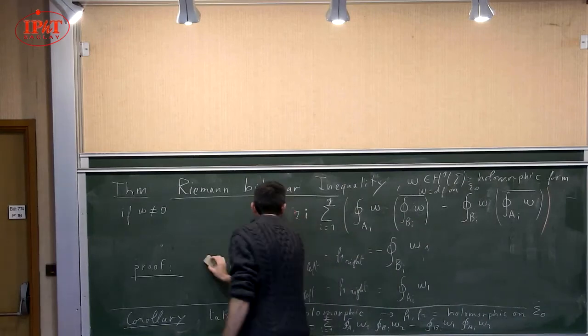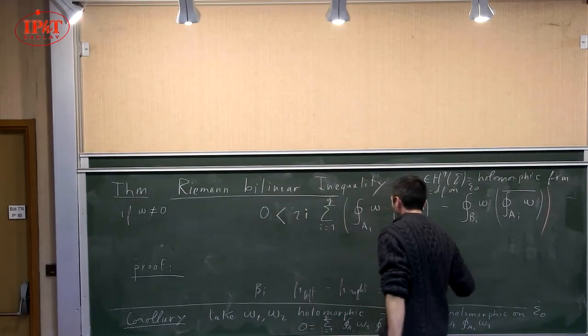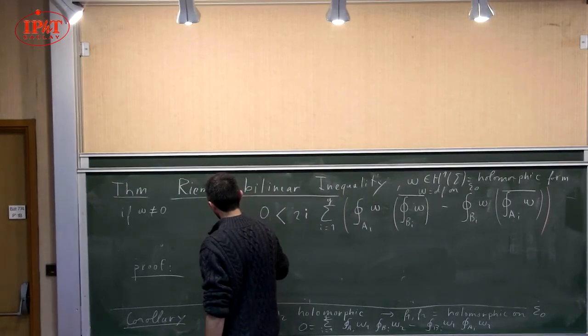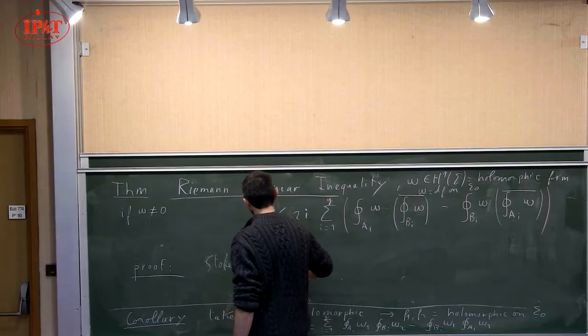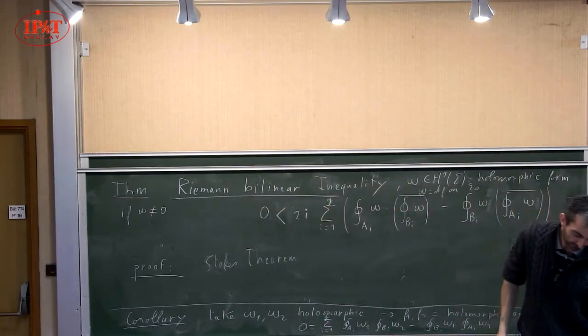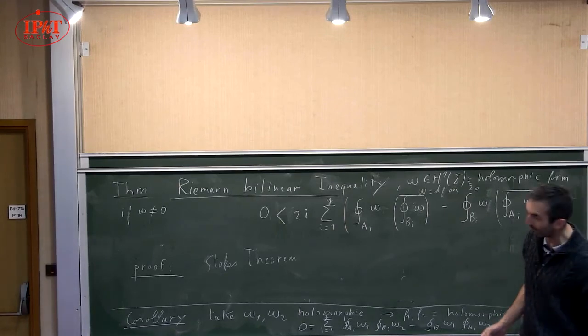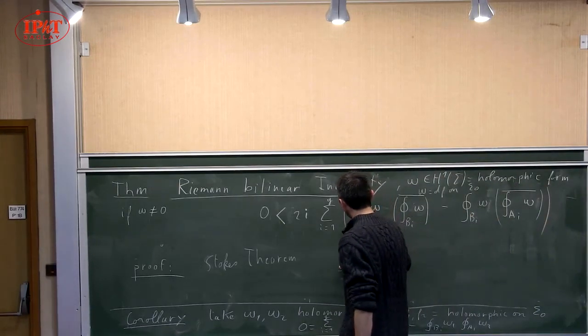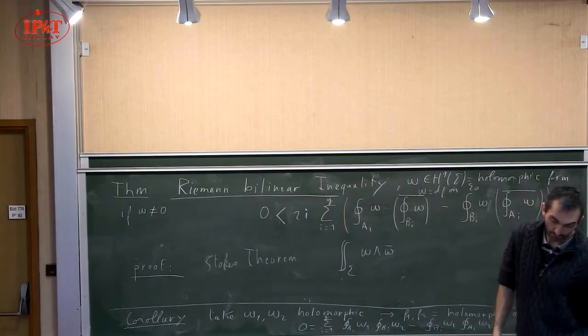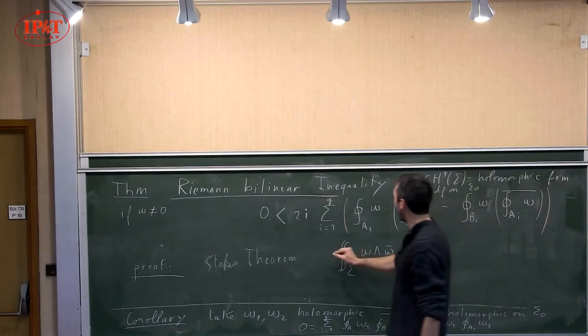The proof is more or less the same thing. It's the Stokes theorem. It's when you take the double integral on sigma of omega wedge omega bar. In fact, you multiply by 2i.